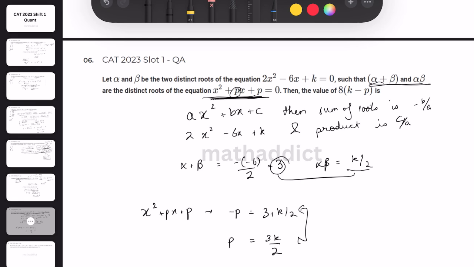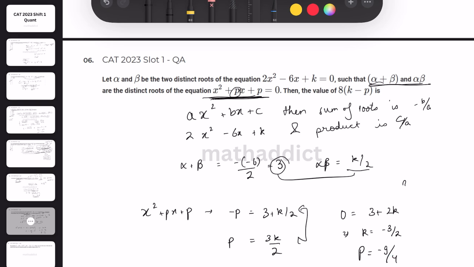Adding these two equations, we get 0 is equal to 3 plus k by 2 plus 3k by 2, which is 2k. That gives us k is minus 3 by 2, and p is 3 by 2 times minus 3 by 2, which is minus 9 by 4.